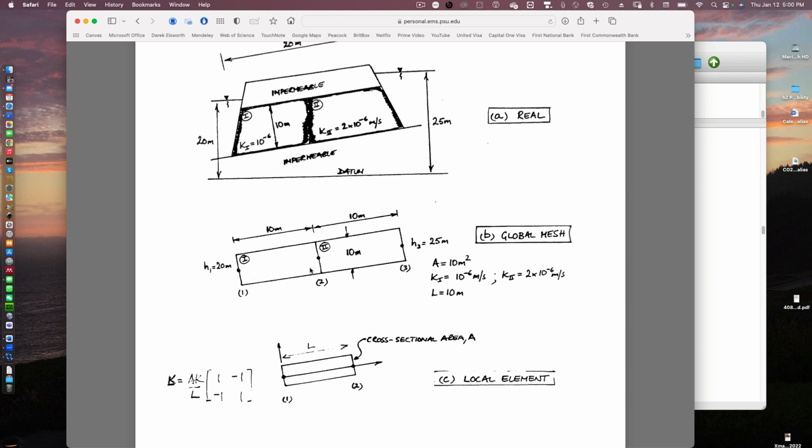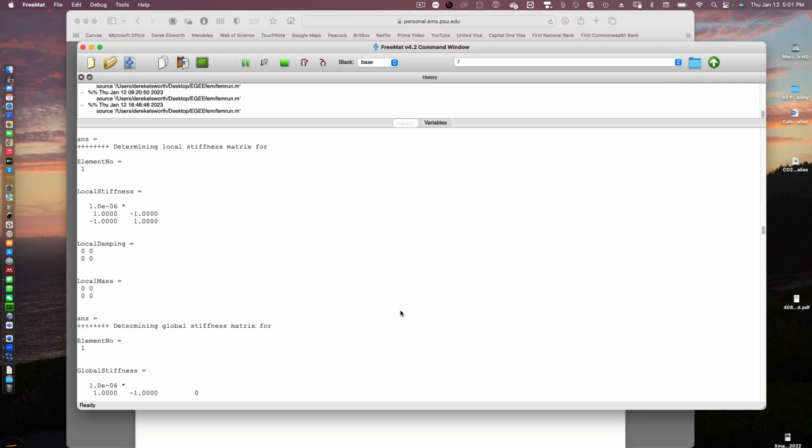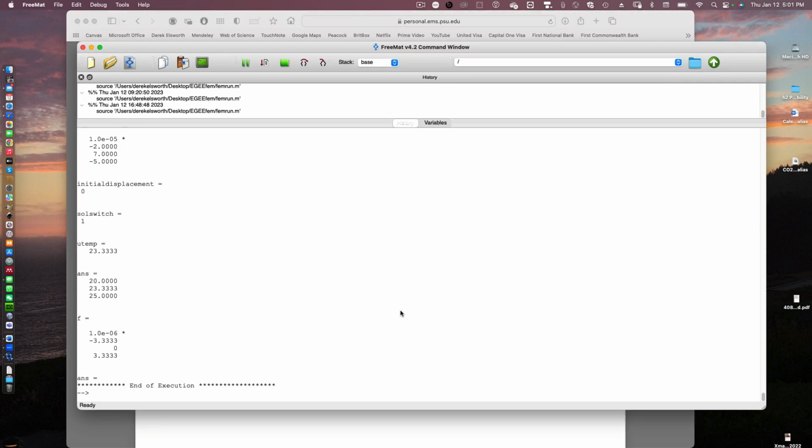They have to be the same because it's a steady problem. And the unknown value of the head, which is going to be intermediate to these. As I just said, it's probably going to be closer to 25, 2/3 of this amount, because the conductivity here is half of this, and therefore the head loss in here is twice as much as it is on the upstream part.